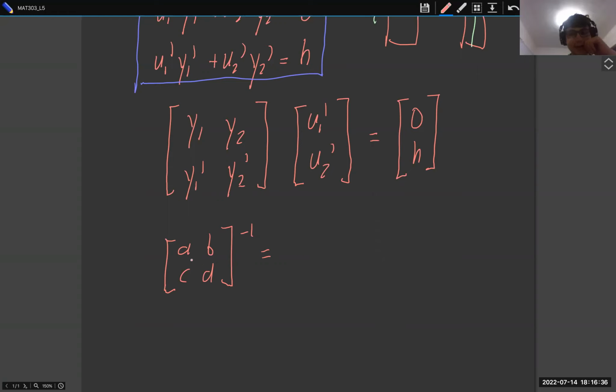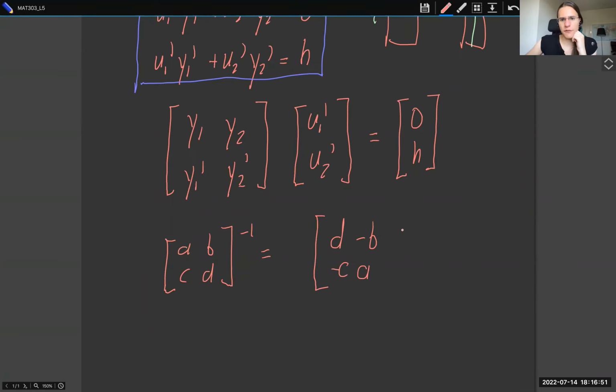The diagonal flips, and then the other one's negative. Exactly. And in order to make this true, you have to divide by something. What do you have to divide by? The determinant. Yes.